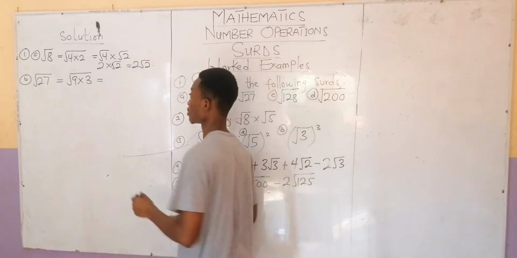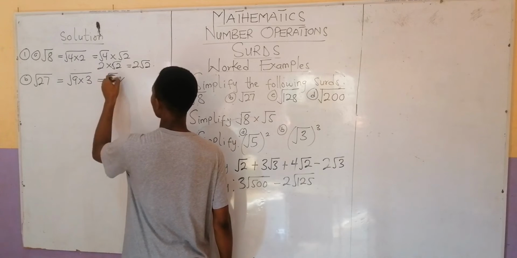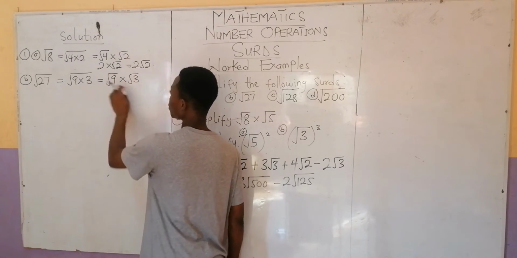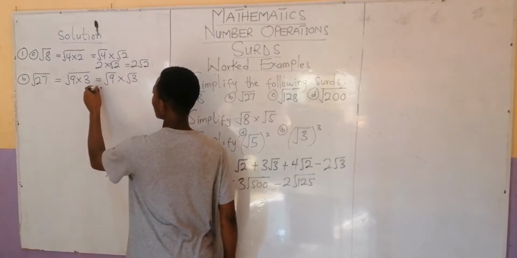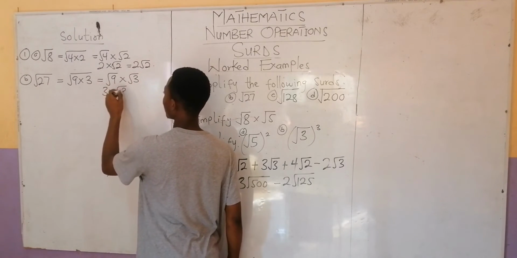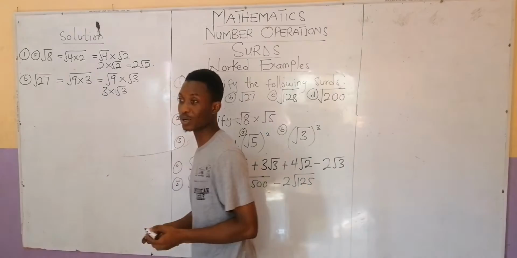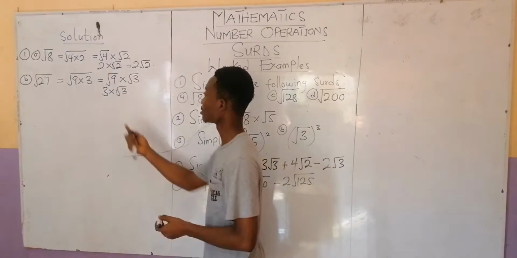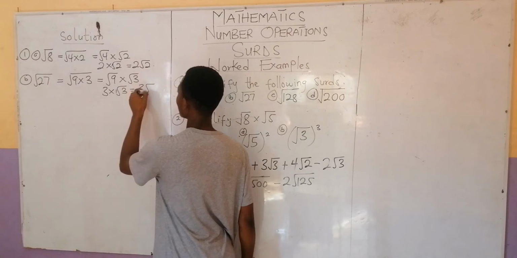I write them as individual surds. It's root of 9 times root 3. Root of 9 means there's a number that multiplies itself twice to give me 9, and that is 3, times root 3. We assume there's a 1 here, but mostly we don't write it. But I know there's a 1 in front. So 3 times 1 is 3 root 3.